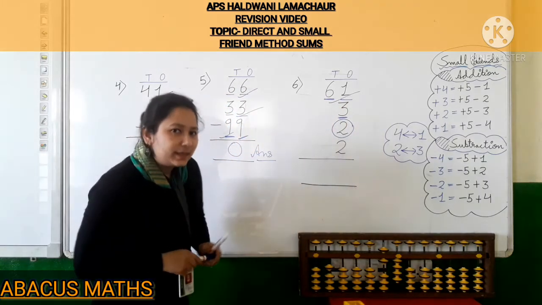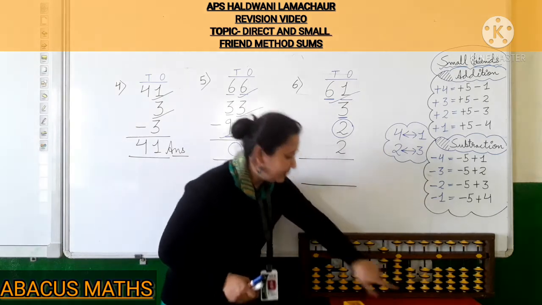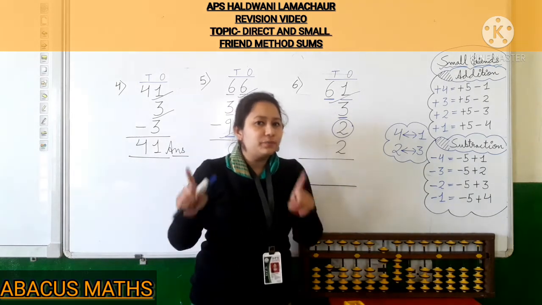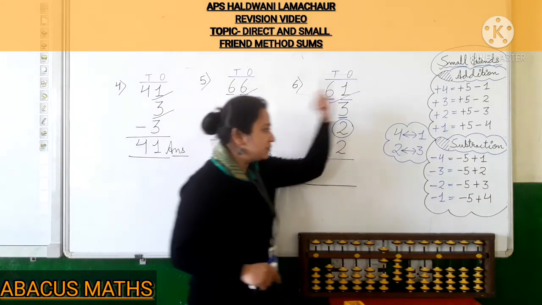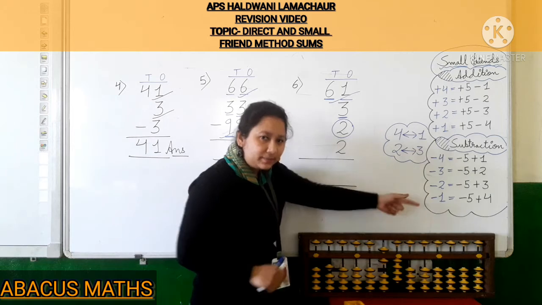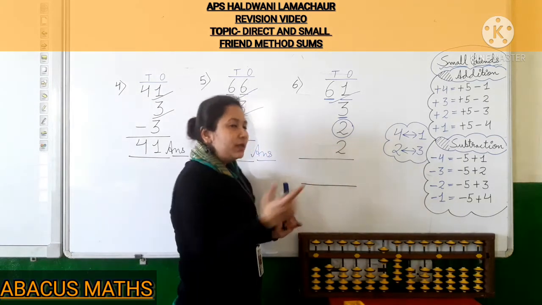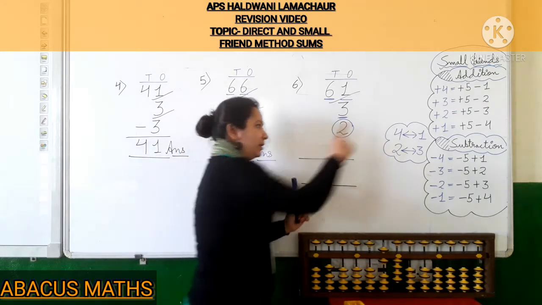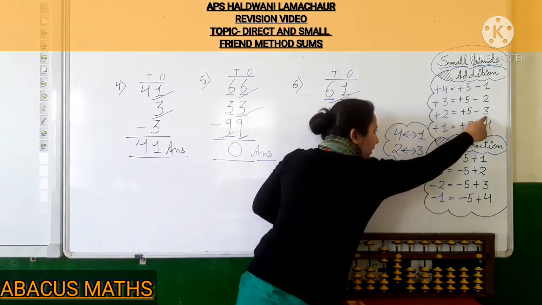But you can see kids that for adding this 2 in ones rod, the bead is not there. Now here you get lack of bead, and wherever you get lack of bead, you take the help of small friends. Now for adding this 2, what you have to do? Here you have to add 2. Add 2 means plus 2. You have to do plus 5 minus 3.